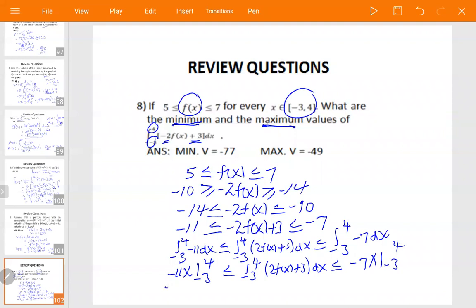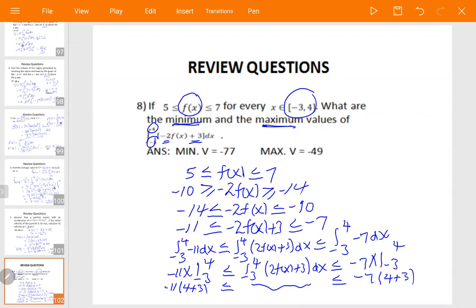So this is negative 11 times 4 minus negative 3. It becomes 4 plus 3. Less than or equal to this integral, and this is less than or equal to negative 7 times 4 minus negative 3. That is what?